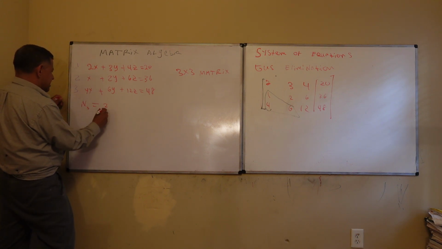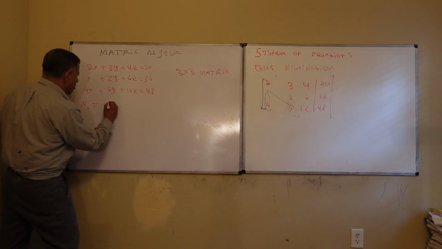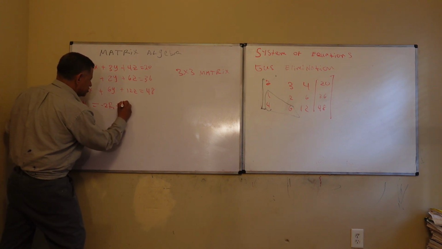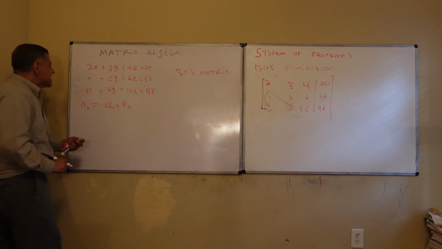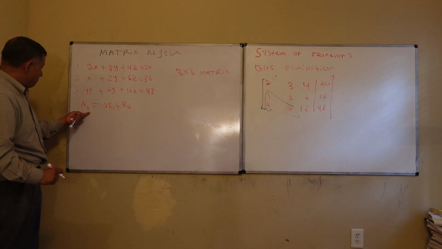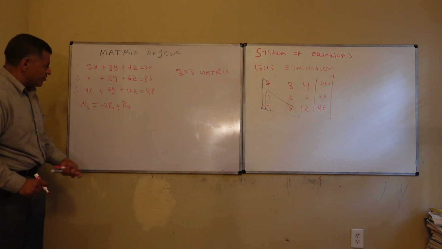I'm going to say negative R1 plus R3. That is going to be my new equation, which is number 3.